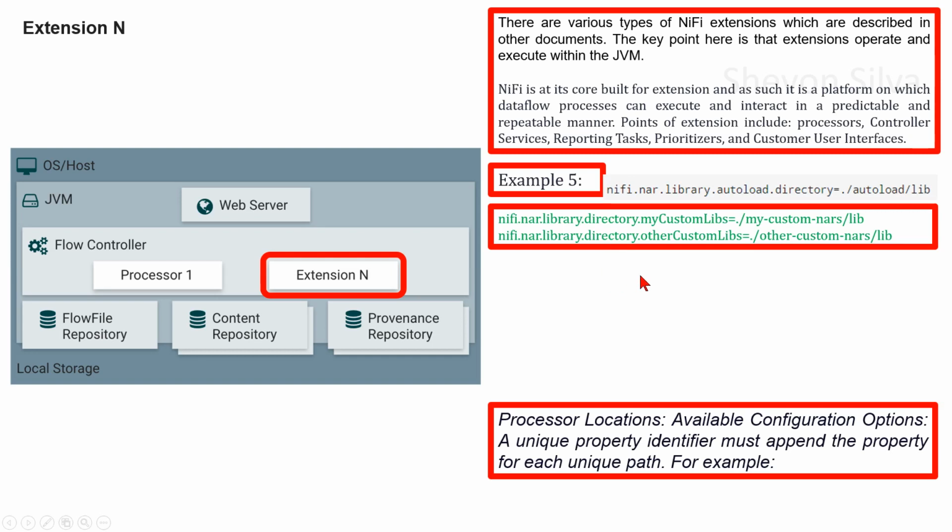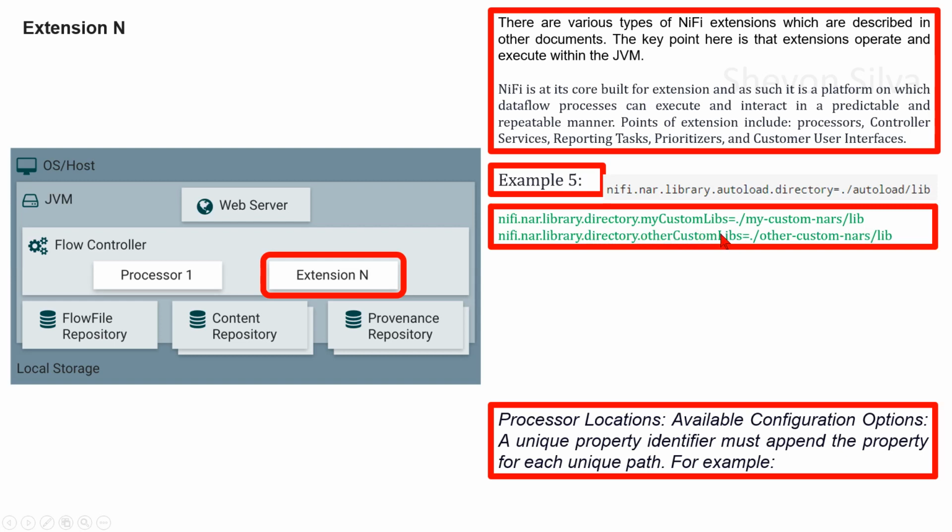Now we are considering available configuration options in processor locations. The unique property identifier must appear in the property for each unique path. For example, here nifi.nar.library.directory.custom allows the admin to provide multiple arbitrary paths for NiFi to locate custom processors.